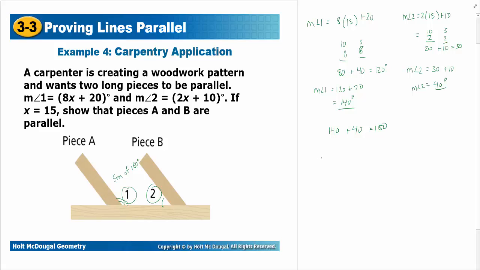So again, because the measure of angle 1 plus the measure of angle 2 equals 180, and they're same side interior angles, that's what I'm using, so I don't need to say therefore.